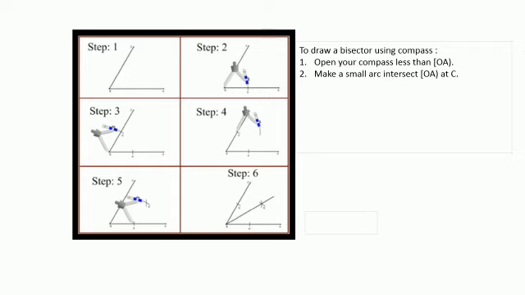We open the compass smaller than OA, then we make a small arc on OA, which intersects OA at the point C over here.